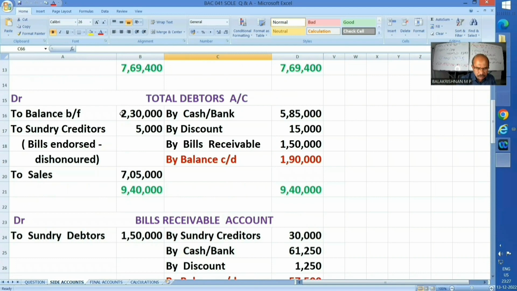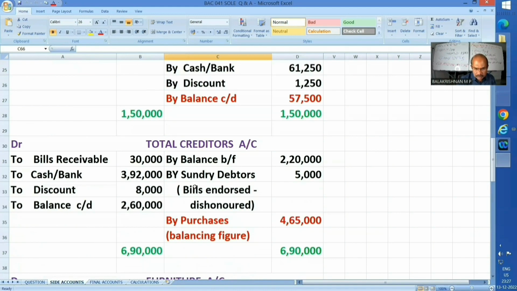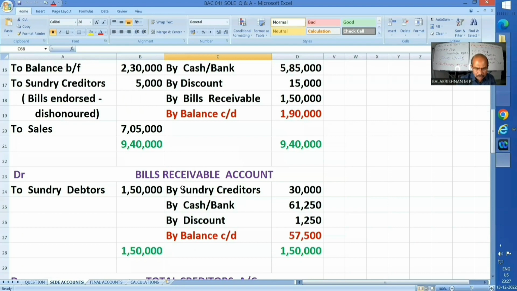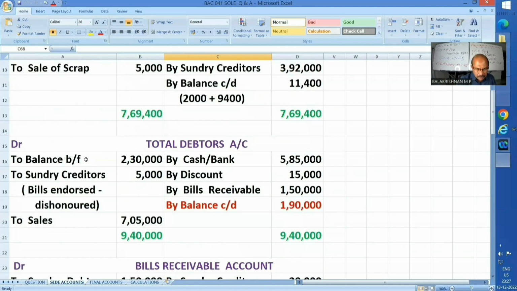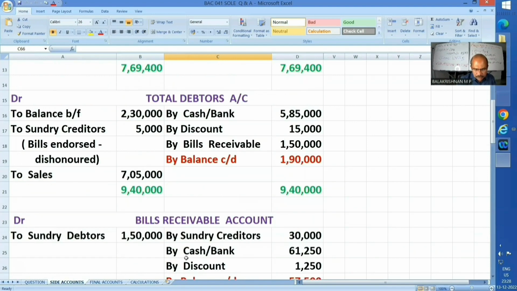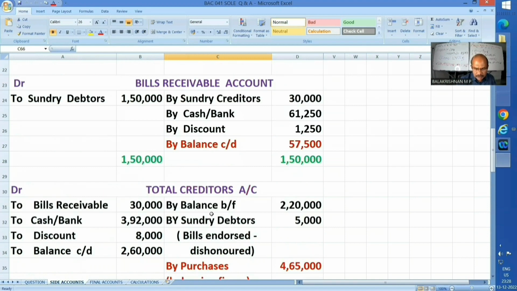That's why debtors to creditors, or creditors by debtors. X account debtor to Y is nothing but Y is credited by X. That's the rule of posting. Okay. So total debtors account debtor to creditors 5,000, or in other words, creditors by debtors 5,000.